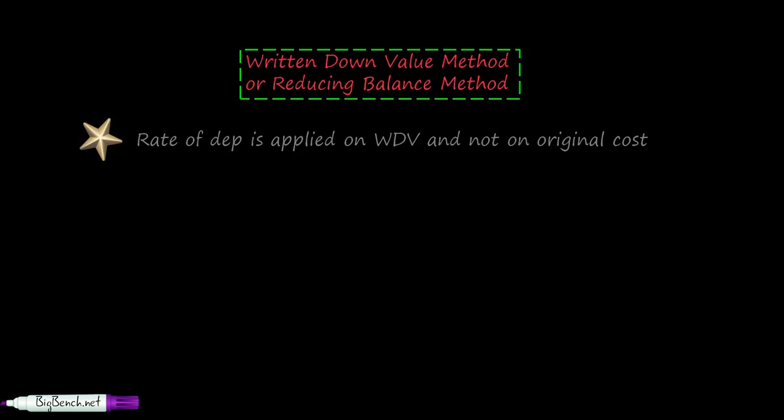Under this method it is applied on WDV. Now let us try to understand what is WDV. Written down value means the value of the machine in the balance sheet or in the books of account after deducting the amount of depreciation from its previous value. So whatever is the value of machine minus depreciation, the answer which you get is called book value or WDV or written down value.